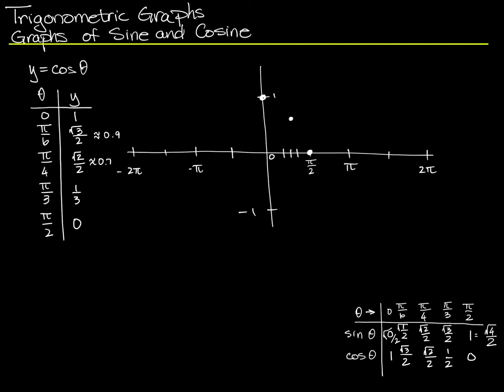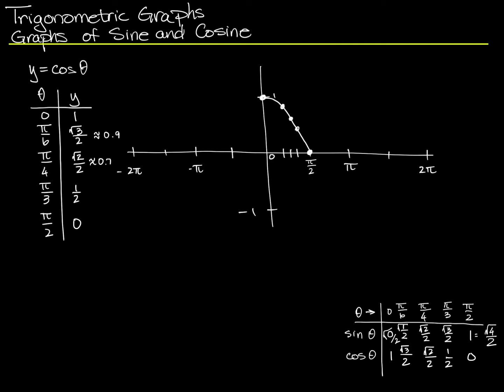Well, at pi over 6, I'm at about 0.9. And at pi over 3, cosine is at about, that should be a 1/2, not a 1/3. My apologies. Cosine of pi over 3 is a half, so I'll be about there. And I have something that looks like that.